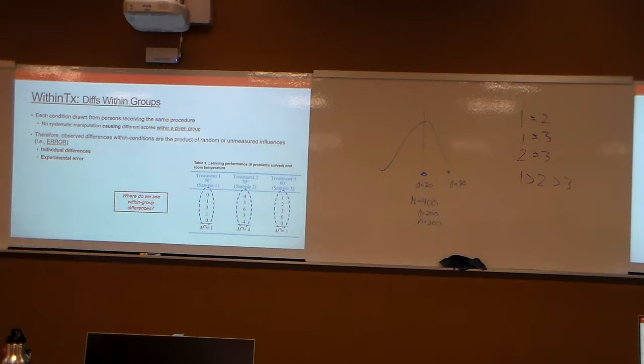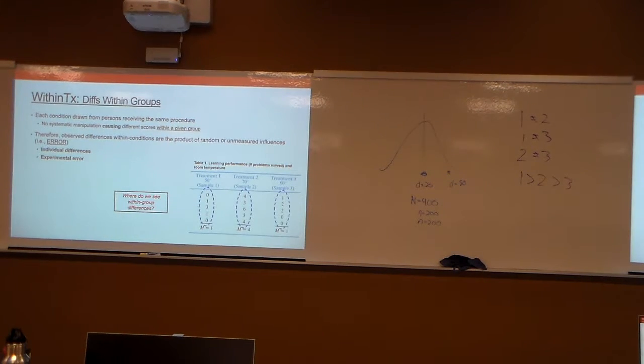Everybody in treatment 4, condition 3 should be solving 1 problem, right? But they're not. There's variability there, and this is where my error is coming from. This is stuff that I'm saying I don't know. It's probably some combination of systematic and just random stuff, but this is the error I'm quantifying within each one of my groups. Okay.